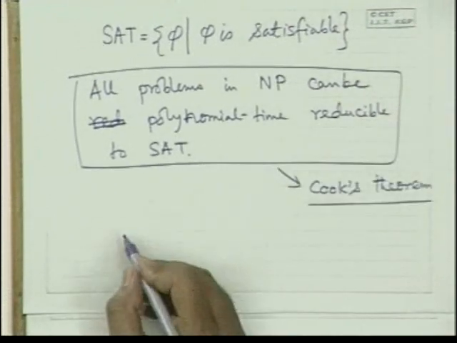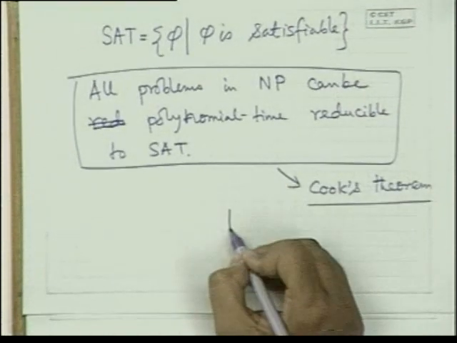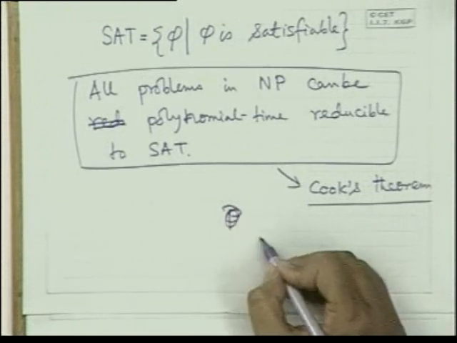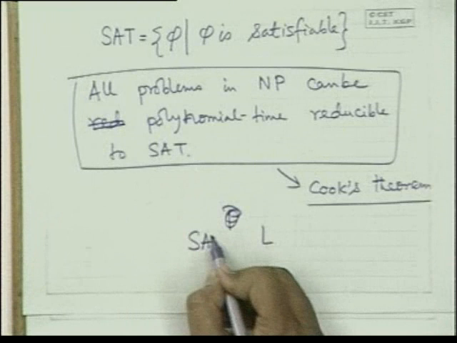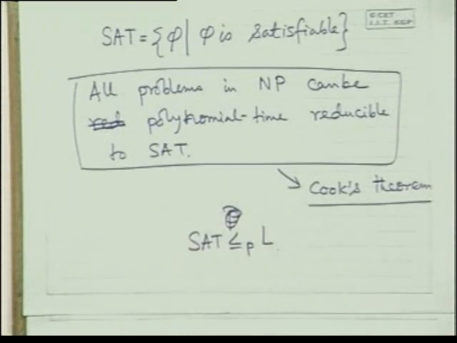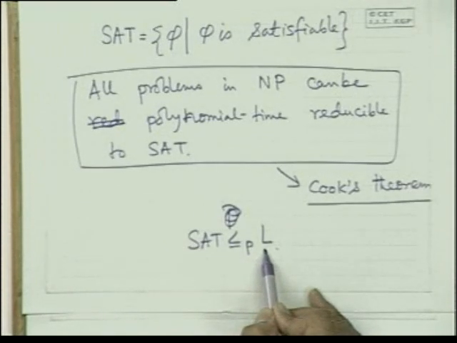Okay, now I'll tell you why this is so important for us. What we'll do now, we'll take any problem, say L. Now, if we can show that SAT is polynomial time reducible to L, what have we shown? All problems in NP are also reducible to L in polynomial time.